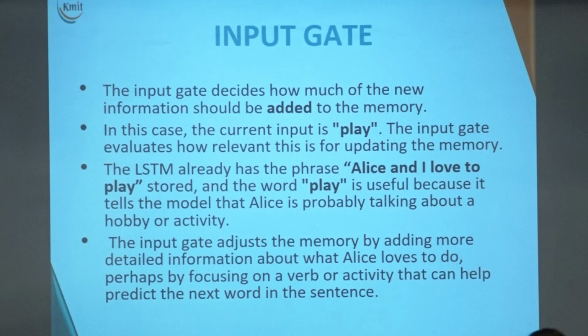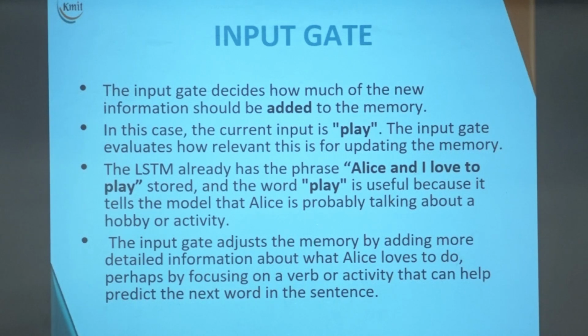So what is an input gate doing for us? The input gate decides how much of new information should be added to your memory. In this case, let's say the next word is play, it is significant. The input gate evaluates how relevant it is for updating your memory.